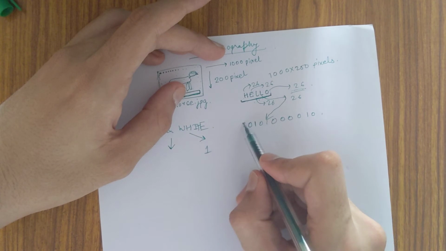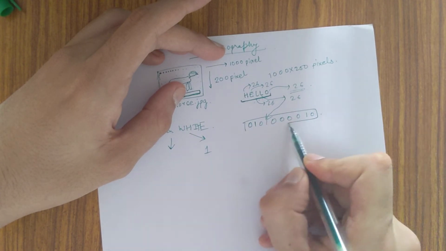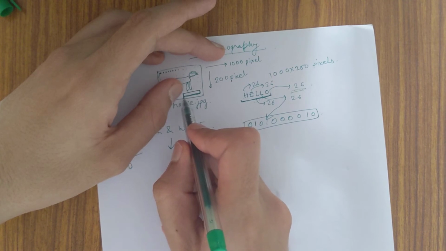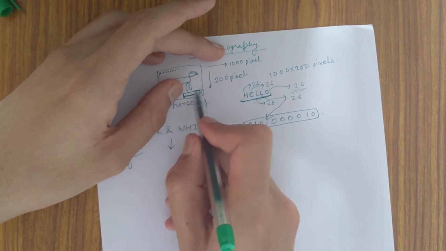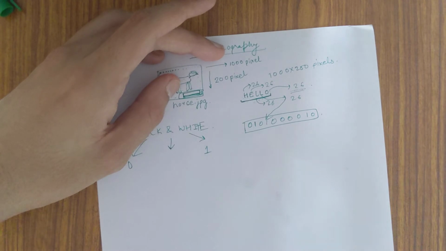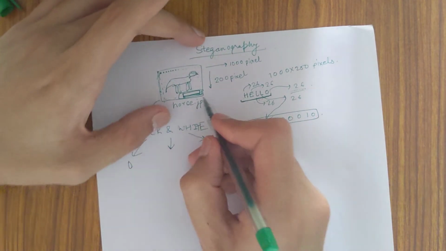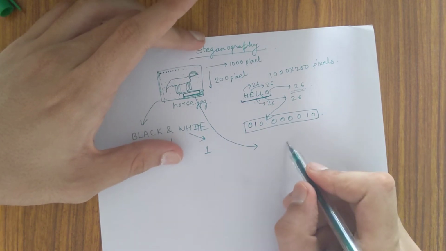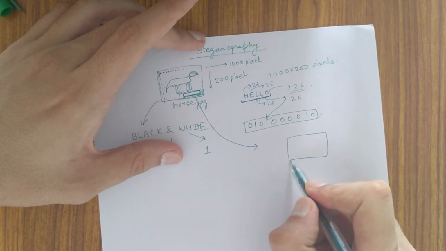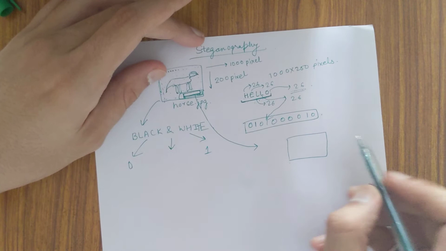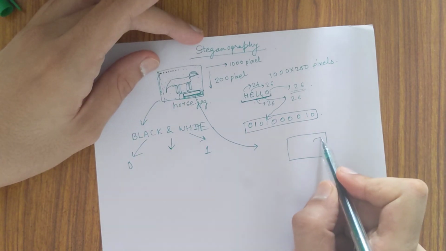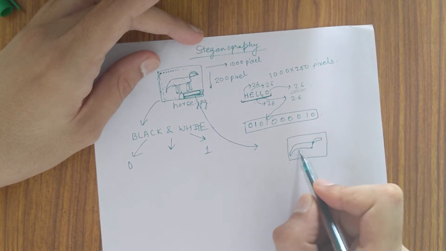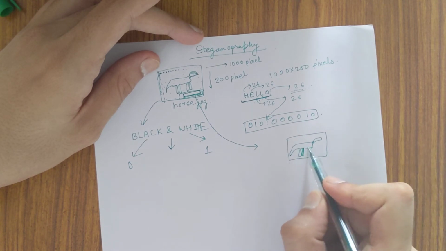And we add our message somewhere here in the end, and we send this new image to some other person. We are assuming that person also has the original, unaltered horse image.